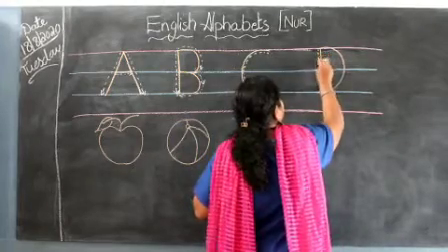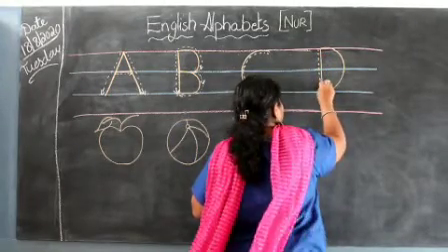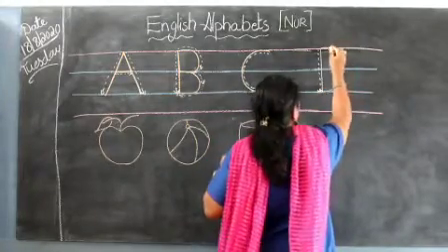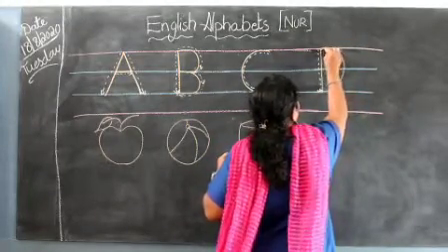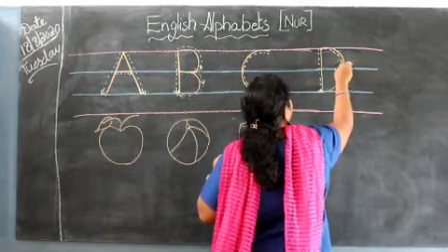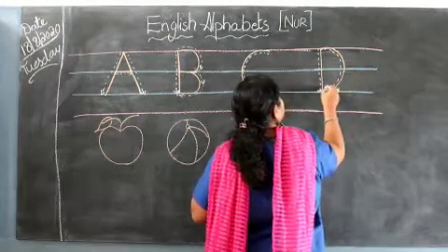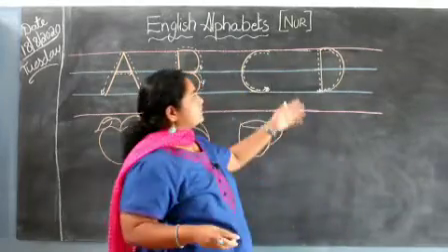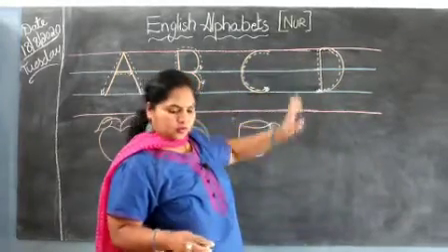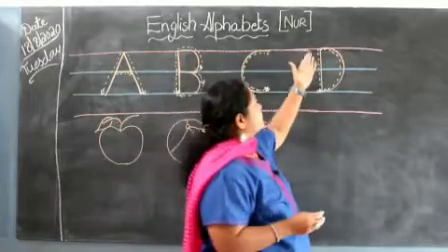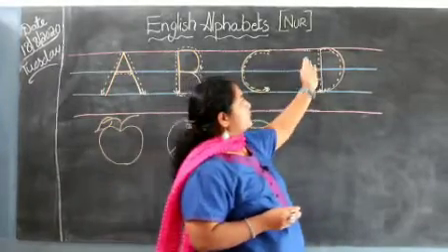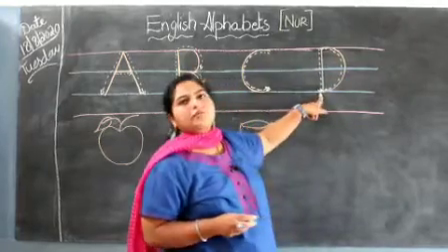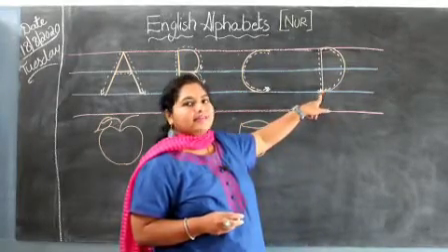So from red to blue, and then your right curve from blue to red. I'm just putting it inside for you all to understand better than putting it all around the lines. So a standing line from red to blue and a right curve from red to blue is your D.